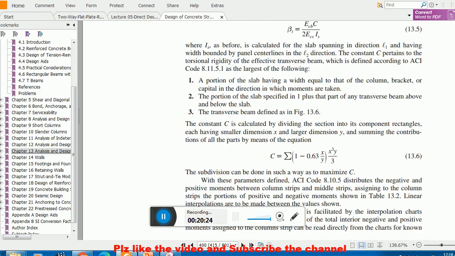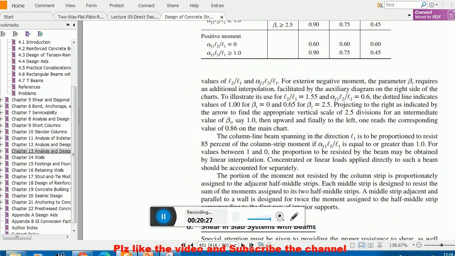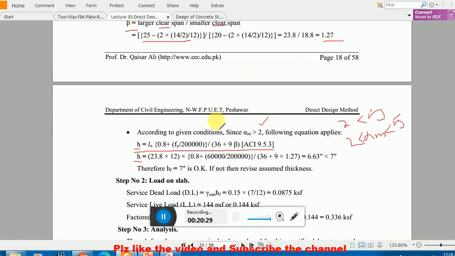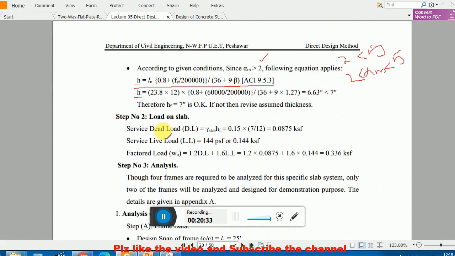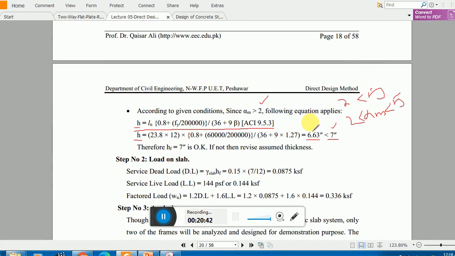So alpha f and alpha m values, we already calculated. Because when the slab is supported by beams, the thickness of the slab is basically the matter. You see here we got 6.67 and 7 inch. Now we got it already in the first stage of calculation. We assumed h is 7 inches, and this equation basically confirms that our assumed thickness of the slab is okay.